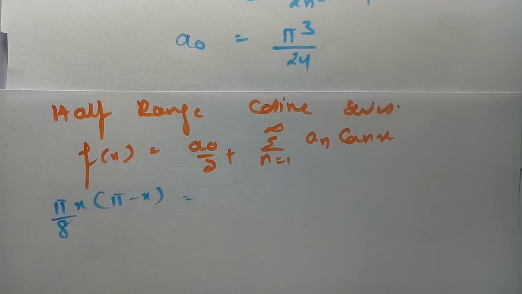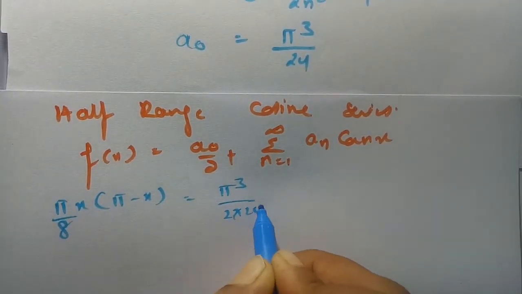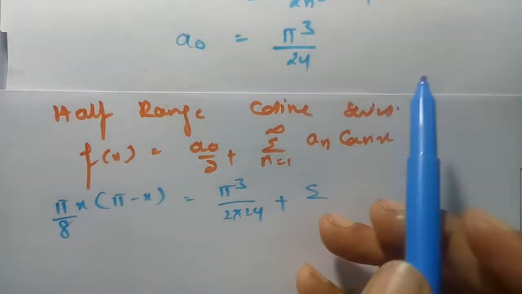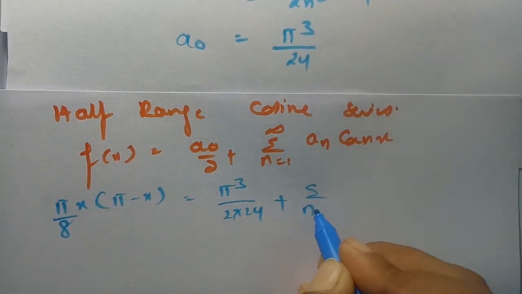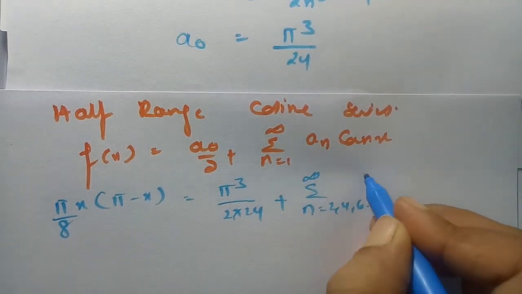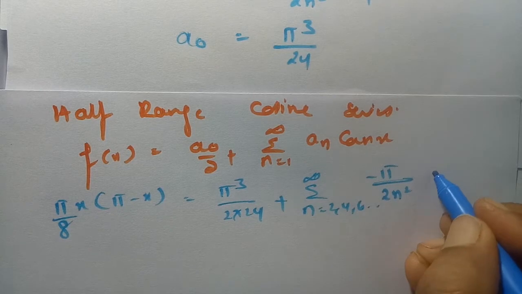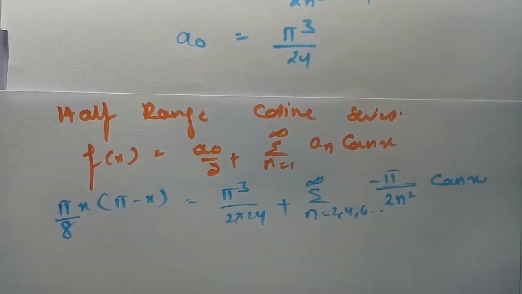What is a naught? a naught is nothing but pi cube by 2 into 24 plus, for even values only, so for n is equal to 2, 4, 6 and so on to infinity, what is our an value? That is pi by 2 n square into cos nx.